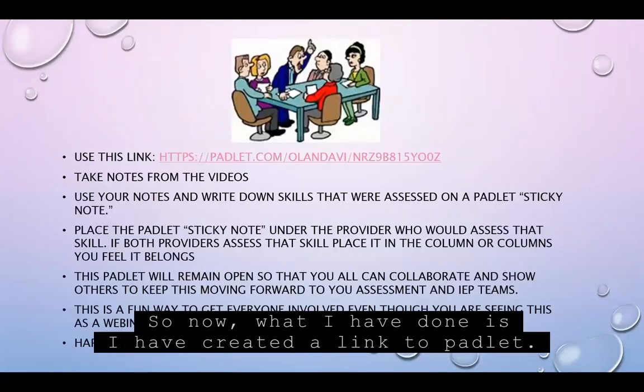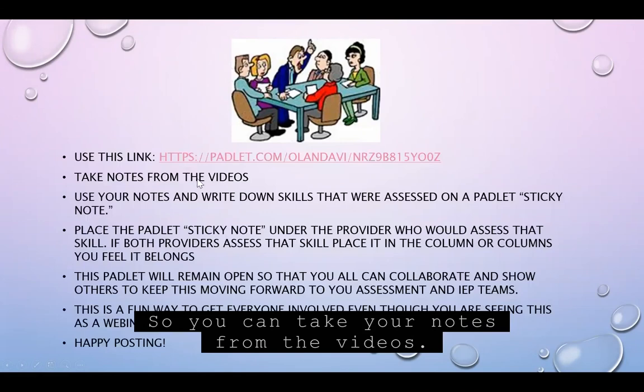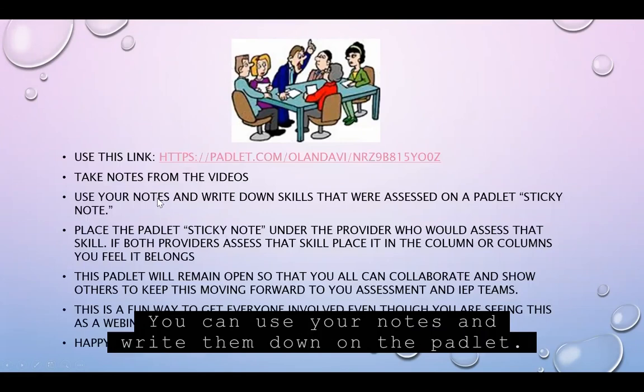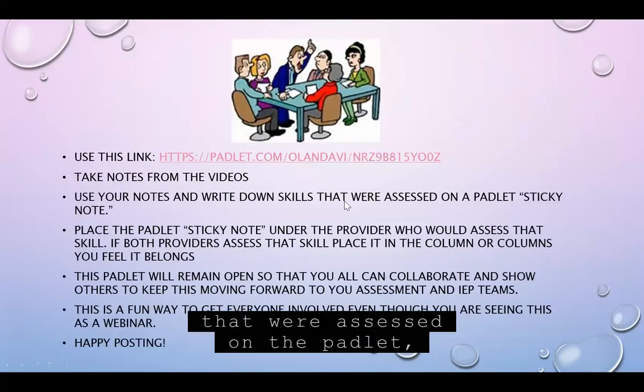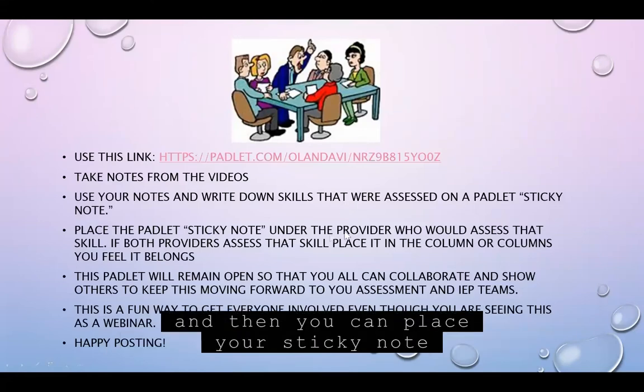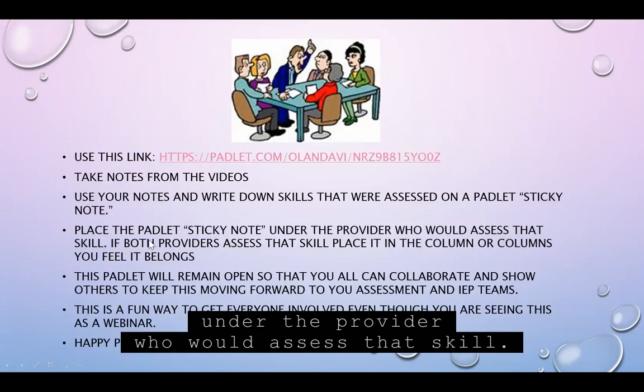So now what I have done is I've created a link to a Padlet. You can take your notes from the videos and write them down on the Padlet, and it's like a sticky note. So you will write down skills that were assessed on the Padlet, and then you can place your sticky note under the provider who would assess that skill.